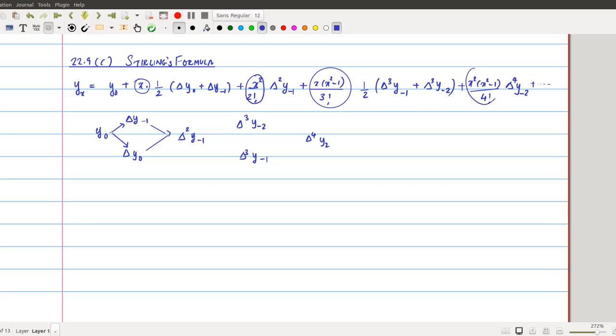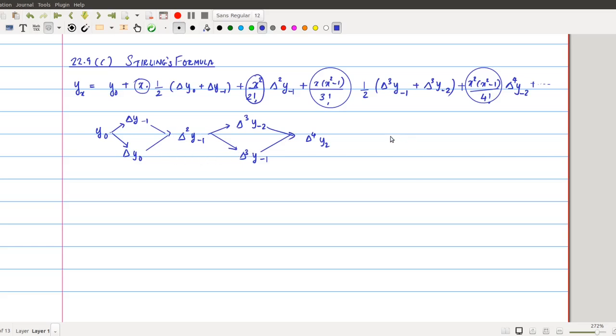This much term is enough, because we are doing problems up to the accuracy of the fourth order difference. So again we have averages of these two numbers, and then come to this. This is the way we choose the coefficient from the table.